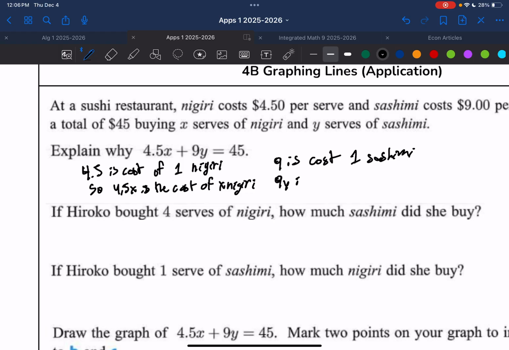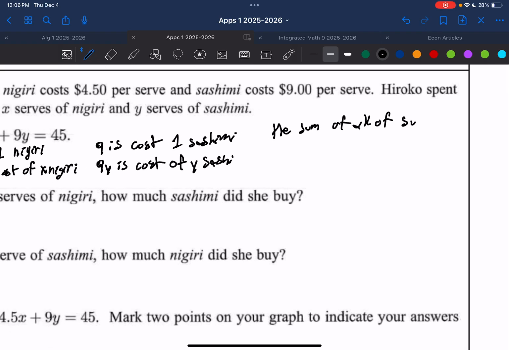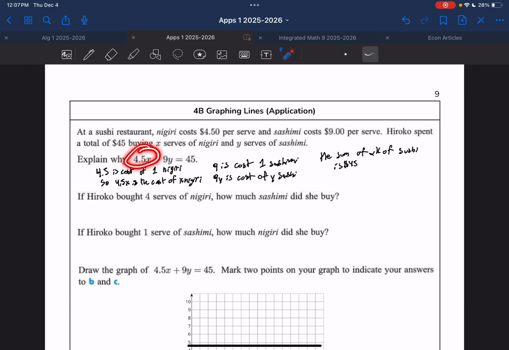So 9y is the cost of y sashimi. And the sum of all of the sushi is $45. So we have essentially this part represents the total amount of money spent on nigiri. This represents the total amount of money spent on sashimi. This is just the total amount of money spent between the two.